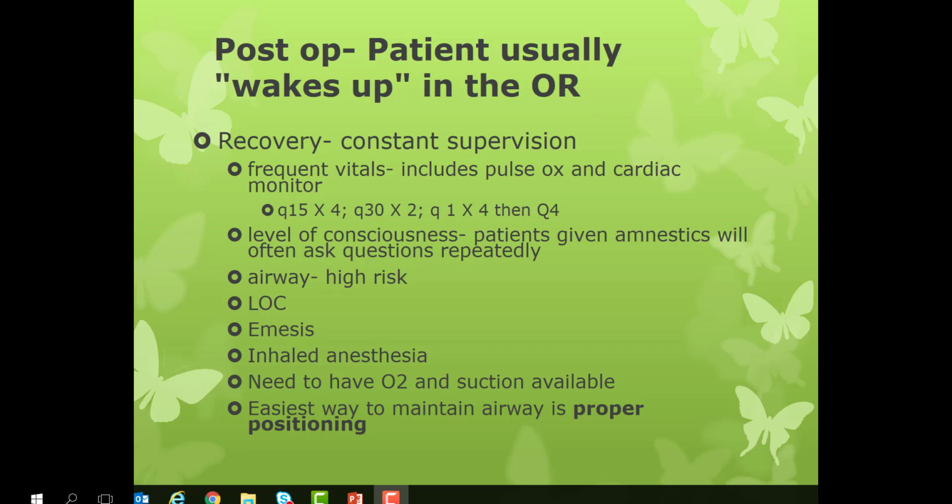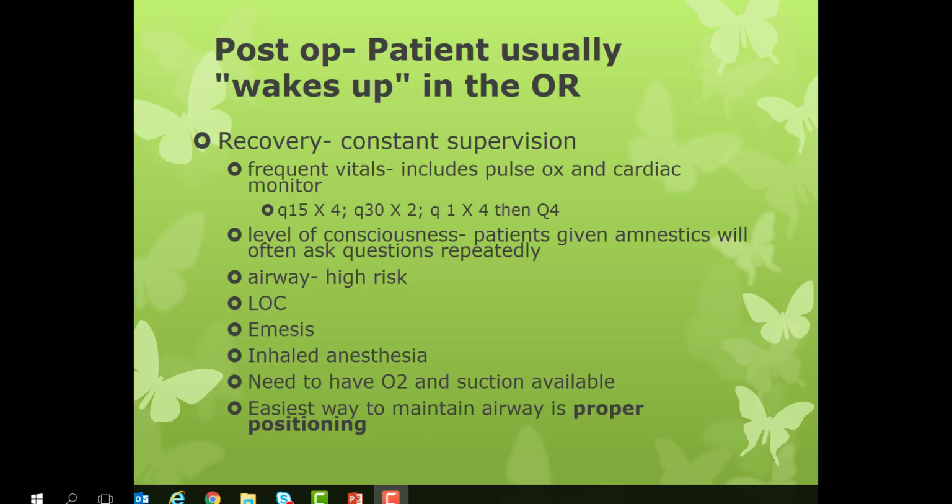Our biggest worry in the recovery room, for obvious reasons, is airway. So most of the time we're going to manage airway by positioning. In fact, the easiest way to manage your patient's airway is proper positioning. Unless it is absolutely contraindicated for the type of surgery that they had, most of the time in the recovery room, we are going to have the patient in a semi-Fowler's or low Fowler's position.